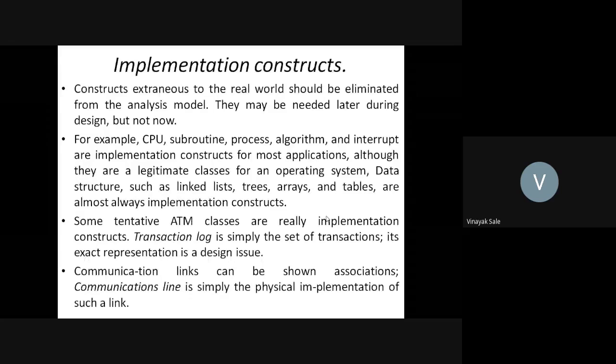Data structures such as linked lists, trees, arrays, and tables are almost always implementation constructs. Transaction log is simply the set of transactions, and its exact representation is a design issue.